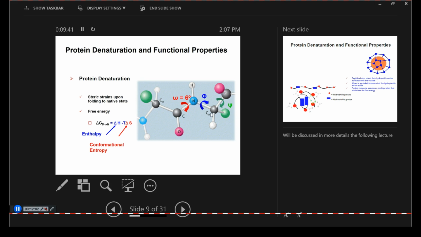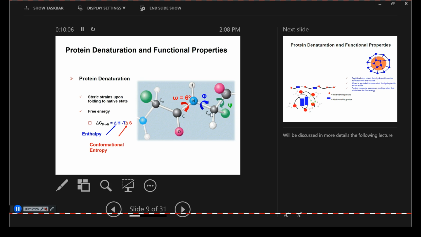In order to come to a stable native state, we have a lot of containment of energy through bonding. So the enthalpy goes up and the entropy goes down. So when that happens, your delta G is positive. Okay? So when you have delta G positive, that means you have a stable state for the protein.